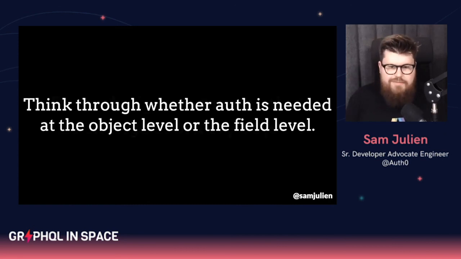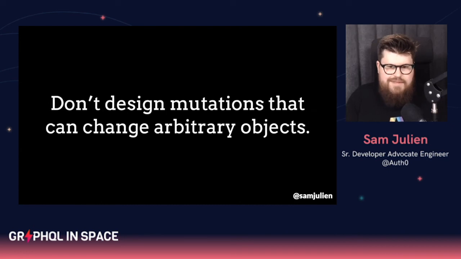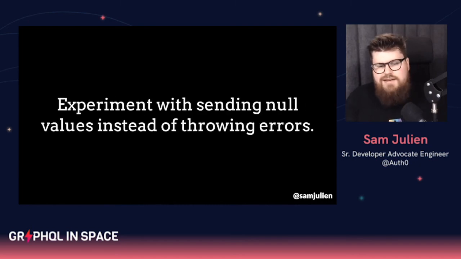So think that through. And lastly, don't design mutations that can change arbitrary objects. Instead, do some experimenting. Think through whether you want to send a null value instead of throwing an error, and consider the trade-offs with that. Most things with GraphQL are a little bit nuanced and require looking through your use cases, and auth is really no exception to that.